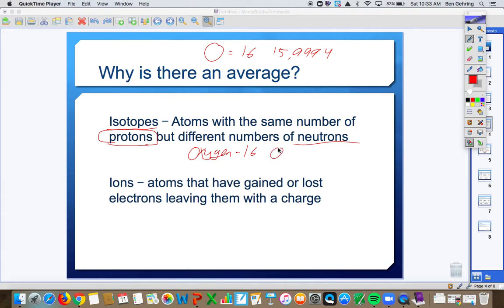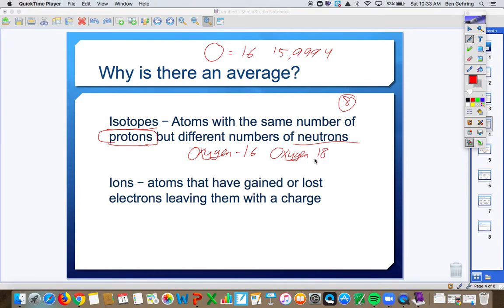We have oxygen-18, which has 8 protons and 10 neutrons. How do I know it's 8 protons? If you look at your periodic table, you'll see the atomic number for oxygen is 8, which means there's always 8 protons, which means my neutrons is going to change.